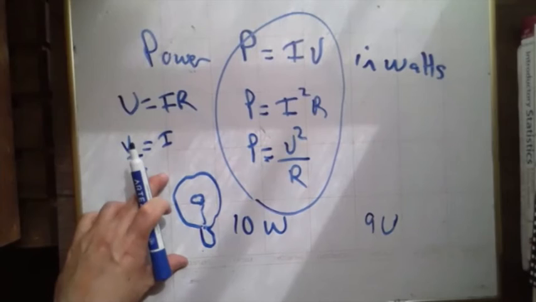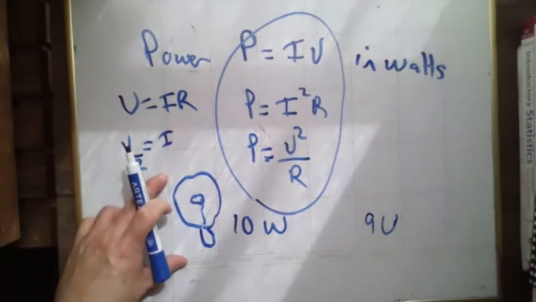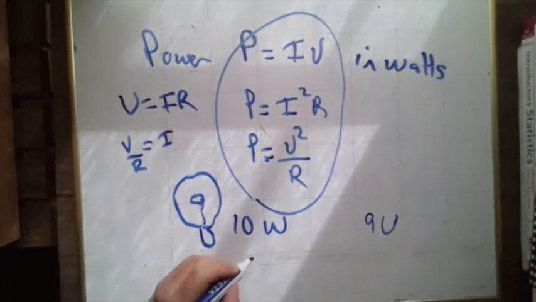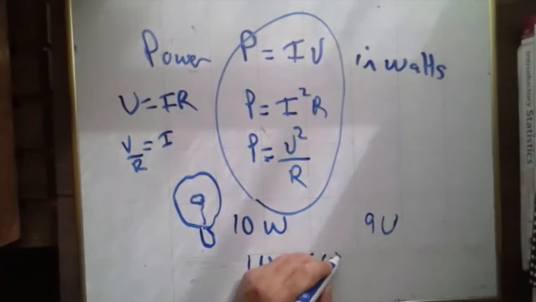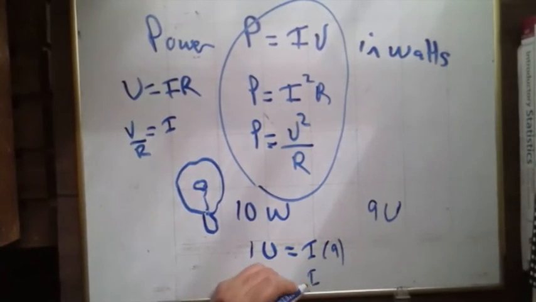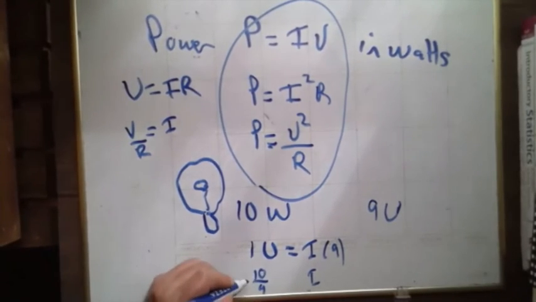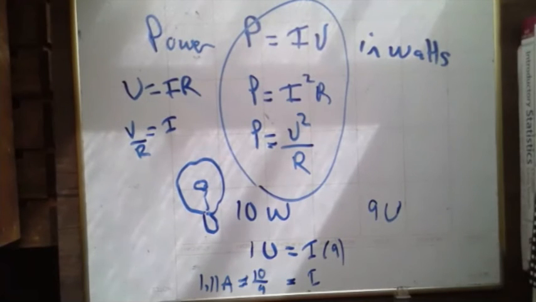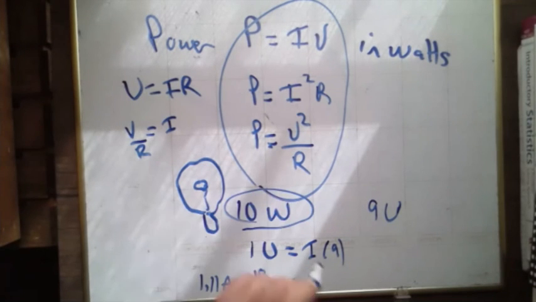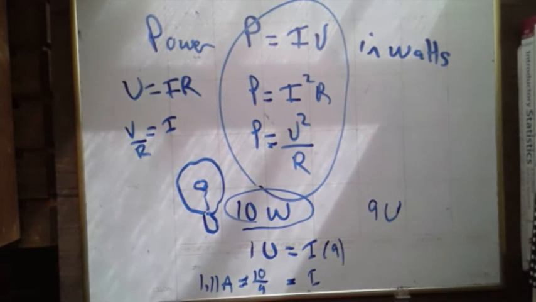This resistor, and that's all it is, will draw a certain amount of current, so that P equals IV. I will be 10 divided by 9, which is about 1.11 amps. So that current will draw a little over 1 amp to get 10 watts. It's our wattage that determines our brightness.